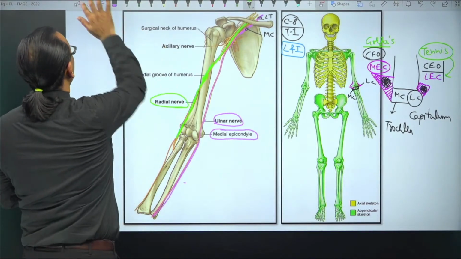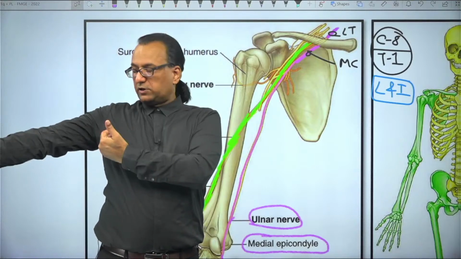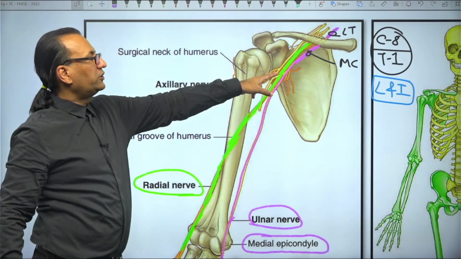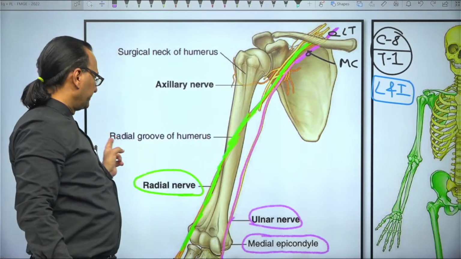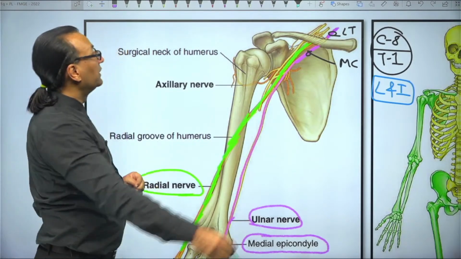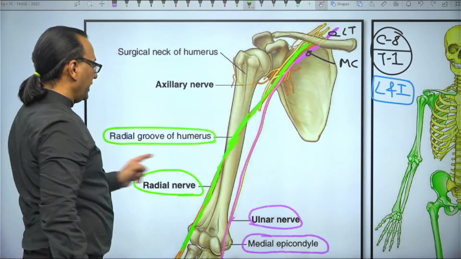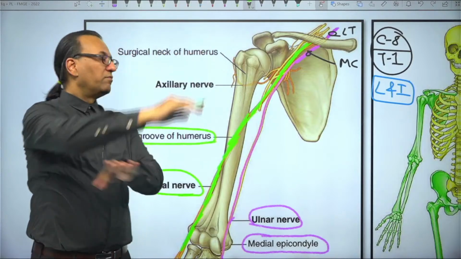Once again, as you see in the right axilla, you are looking at posterior cord of brachial plexus, continuing as radial nerve in the radial groove, and this radial nerve, when it is passing in the radial groove, it is posterior to the bone humerus, mid shaft humerus.